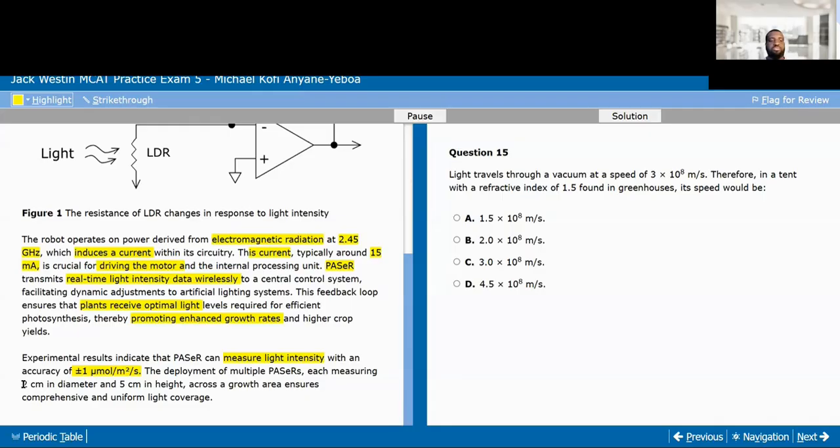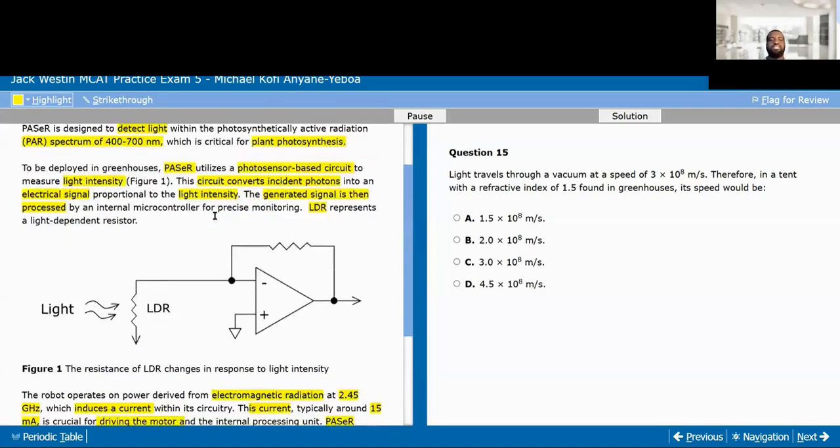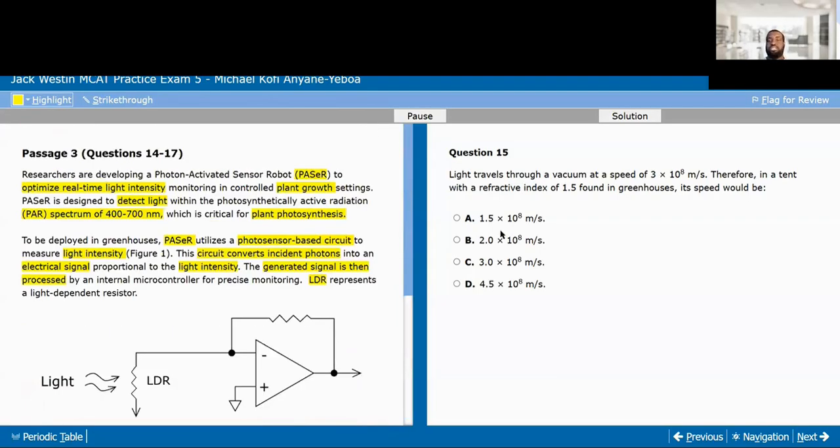So we have a diameter of 2 centimeters. It may come up, I don't know, and 5 centimeters high, right? Because we're in the Chem/Phys section, these things could be asked. We could be asked to calculate areas, volumes, I don't know, right? So now we are done. We have a sense of what PASER does. Let's move to our questions.